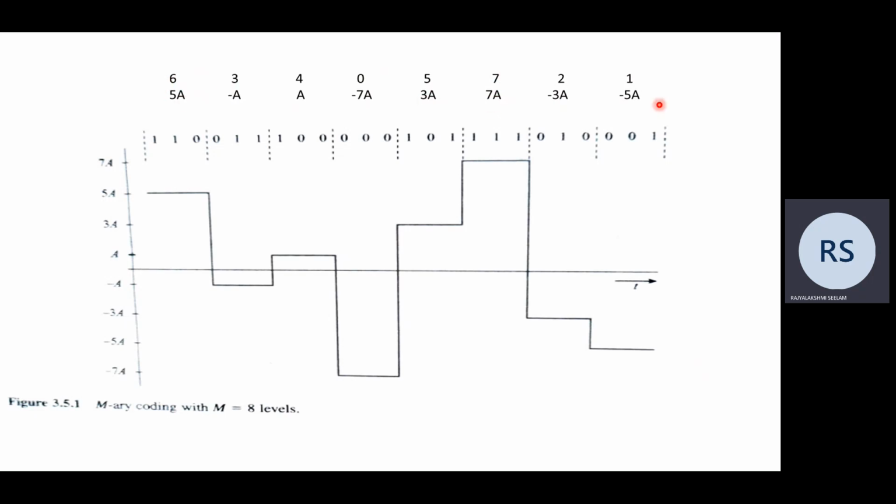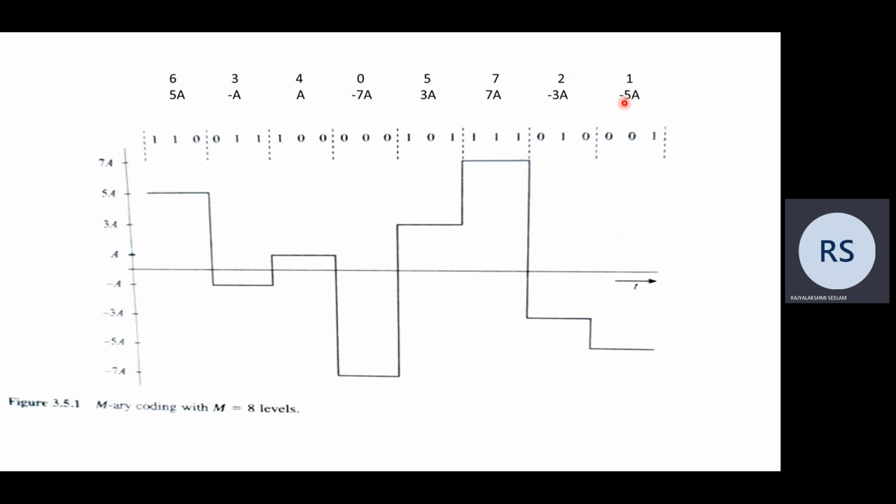Like that we have to arrange from smallest to highest value: 0, 1, 2, 3, 4, 5, 6, 7.